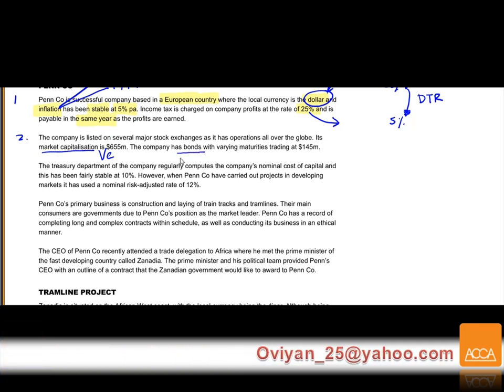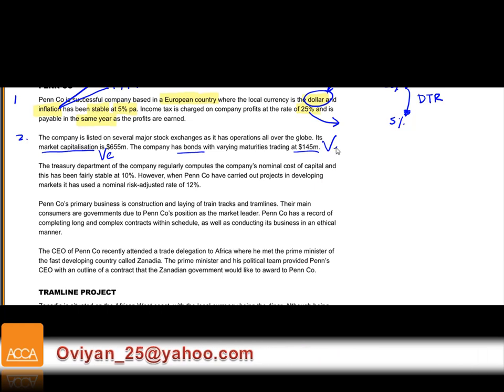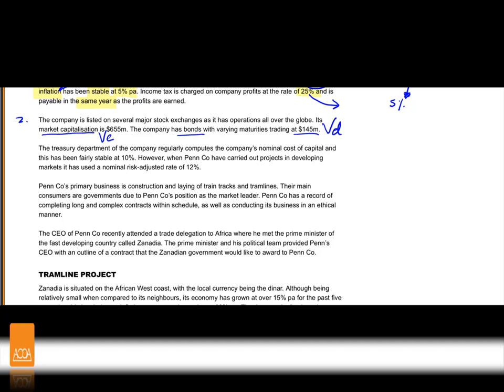And they have a bond value which is at 145. So this is going to be the value of debt. Probably they're giving us this just to make sure we know how to find out the cost of capital.